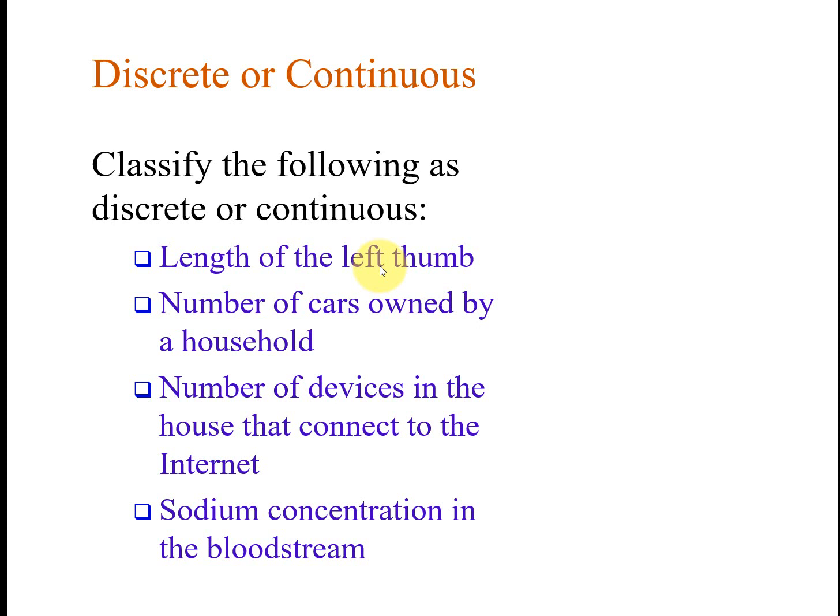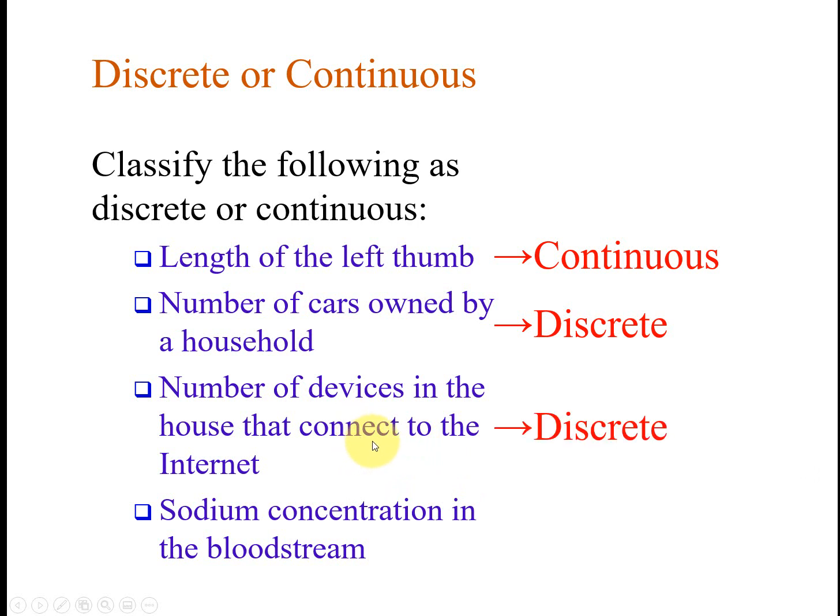It's going to be like 2 inches and 3/8, so it's got to be continuous. The number of cars owned by a household has to be an integer, so it could be 0, 1, 2, 3: discrete. The number of devices in the house that connect to the internet again has to be an integer, and that's discrete.